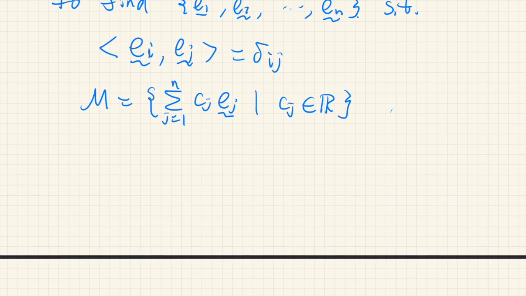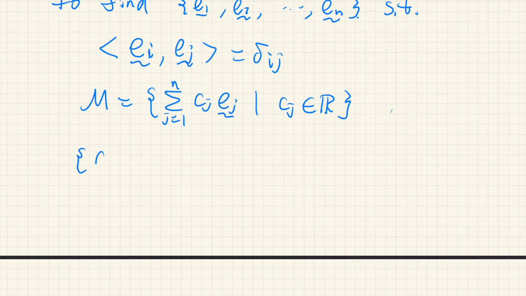Now, suppose we have a sequence of vectors, let's say a_k, which is a subset of M, and also assume it converges to a limit. Then we want to show that this limit also belongs to this subspace M. So how do we do that?